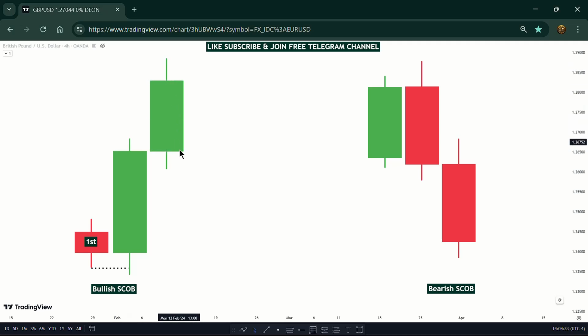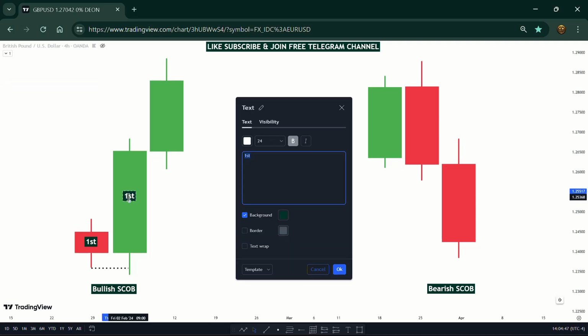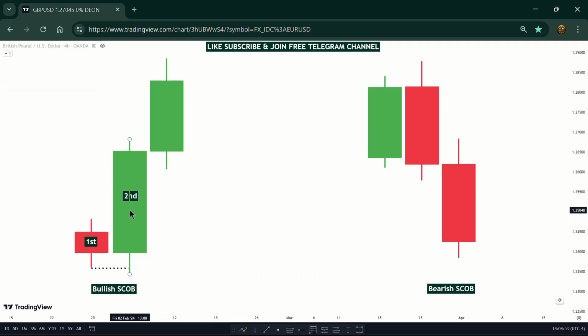This candle should close with a full body candle above there. So this second candle is the one that we have to consider as a single candle order block. Like I said, it's a three candle pattern.